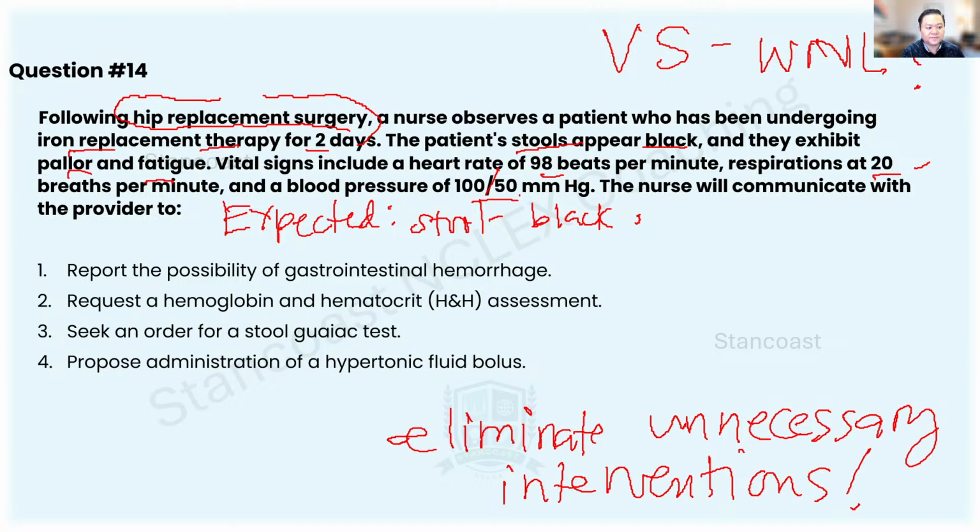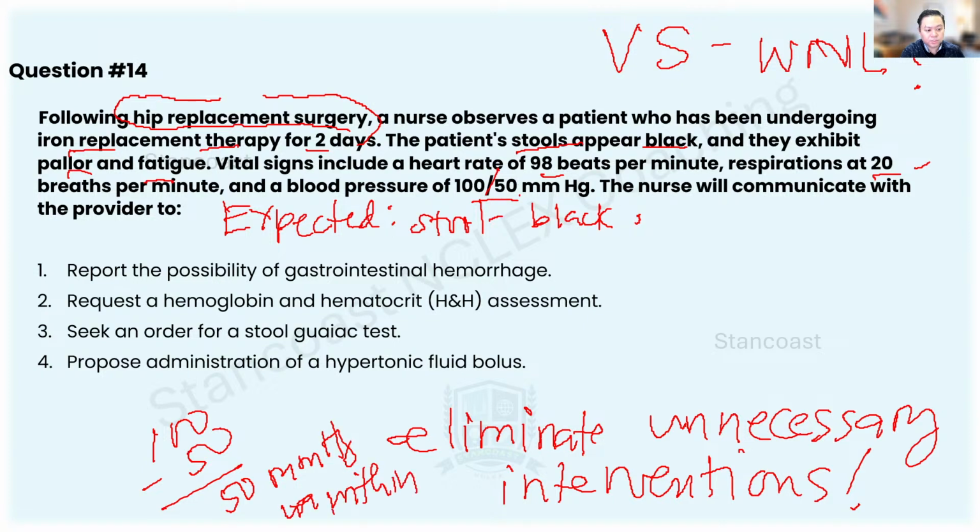What is the difference here, guys? 100/50 has a pulse pressure of 50, which is basically within the normal range. This is considered normal, okay?